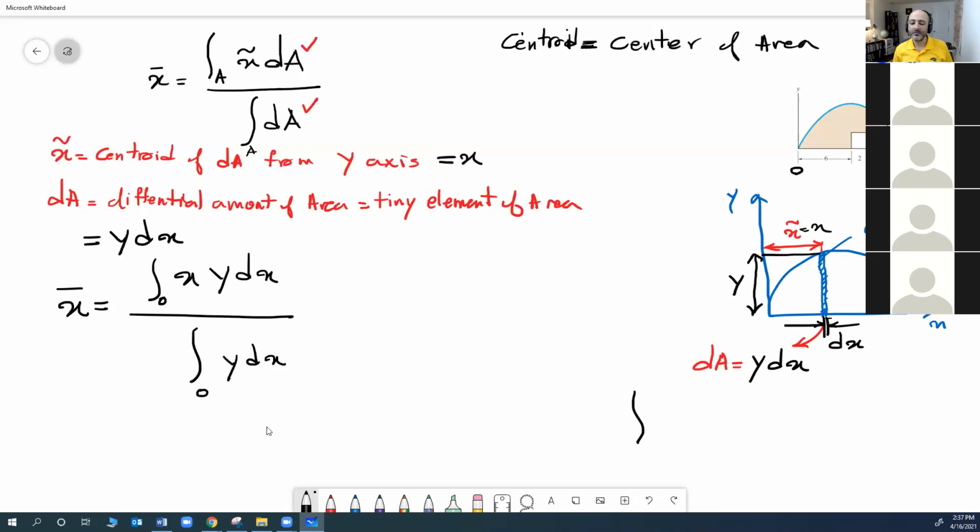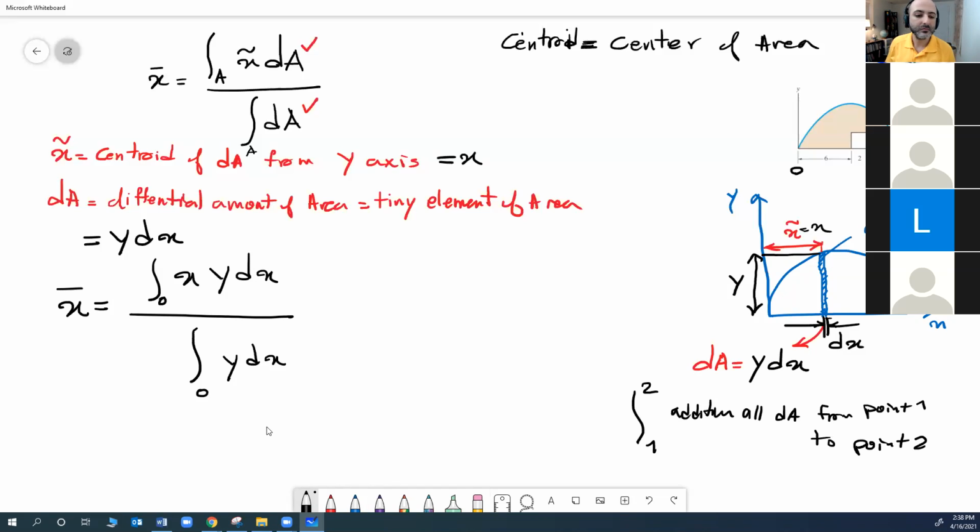So integral is addition, right? So addition of all dAs from point 1 to point 2. That's the meaning of the bounds of an integral, right? So it starts from 0 all the way to 12. It's not given, but that's just the root of this equation.